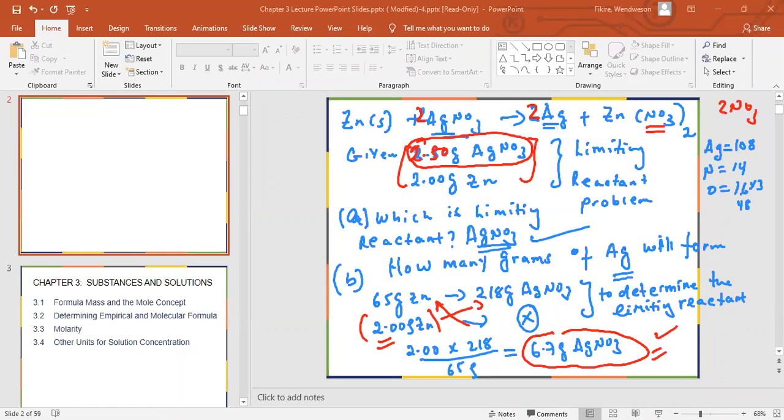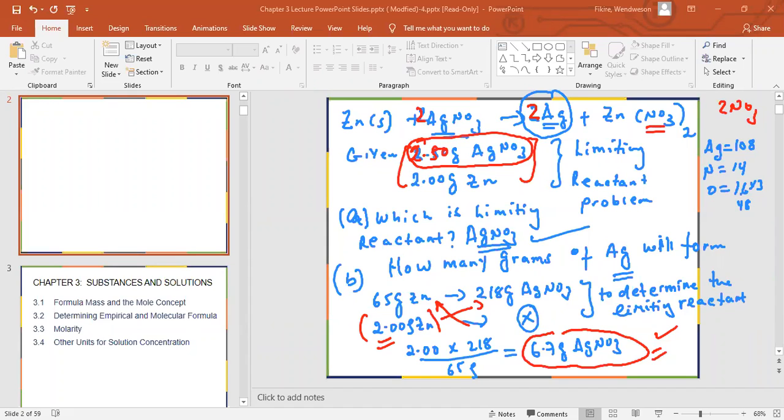You answer the first question, then the rest will be easier. Once you determine the limiting reactant, you can compare the amount of silver that's produced or the amount of zinc nitrate that's produced. You can make a comparison that way.